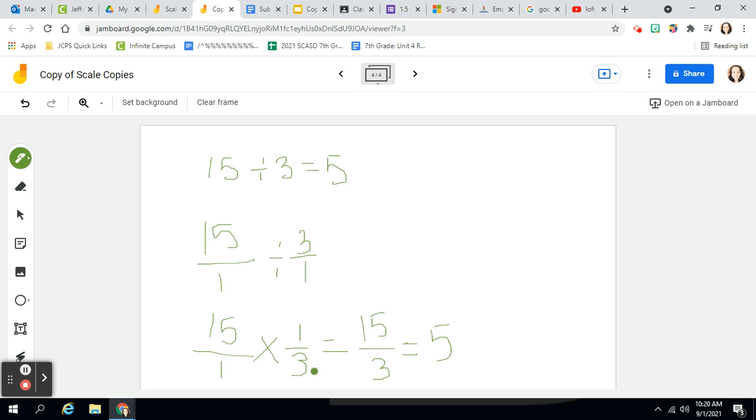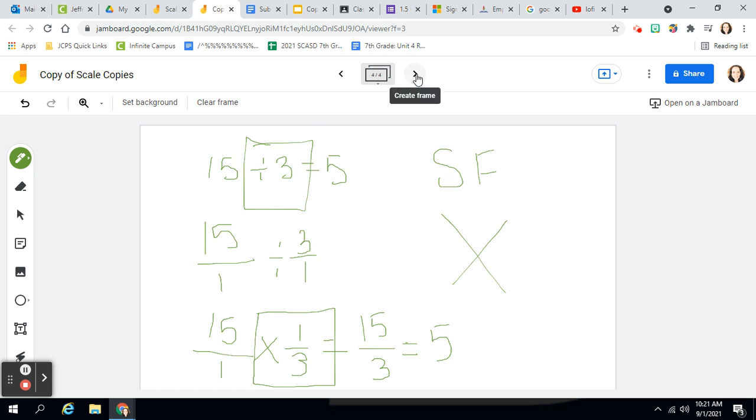So the reason I showed you this is because, remember, scale factor is always the number you're multiplying by, okay? So that means if you're dividing by 3, it's the same thing as multiplying by 1 over that number. So 1 over 3.